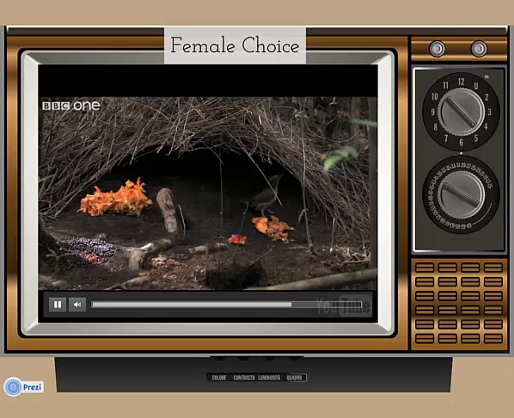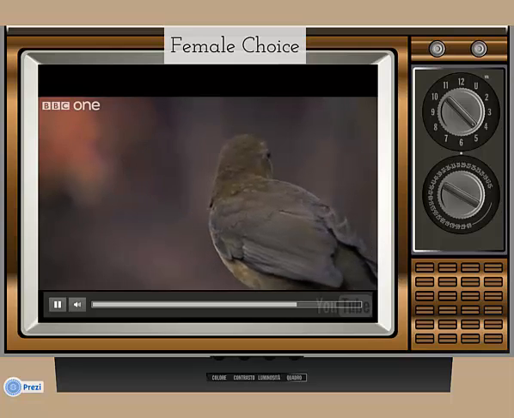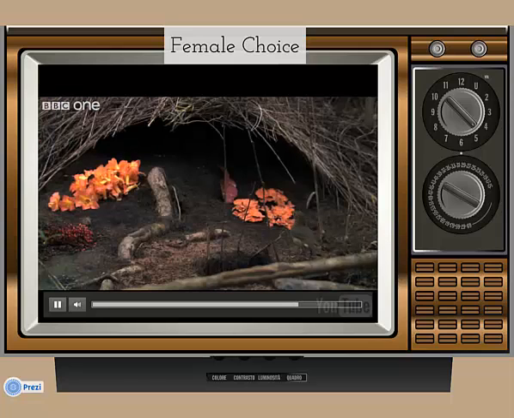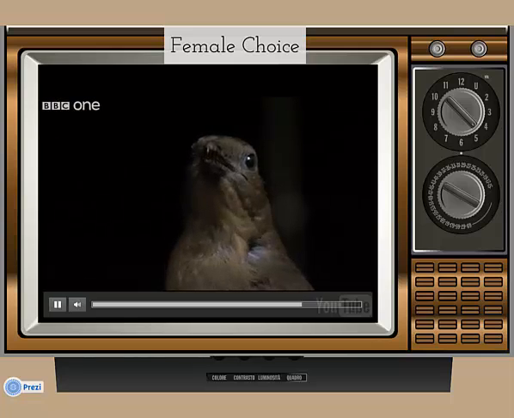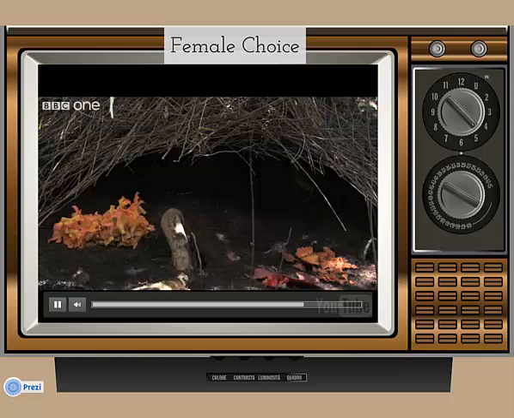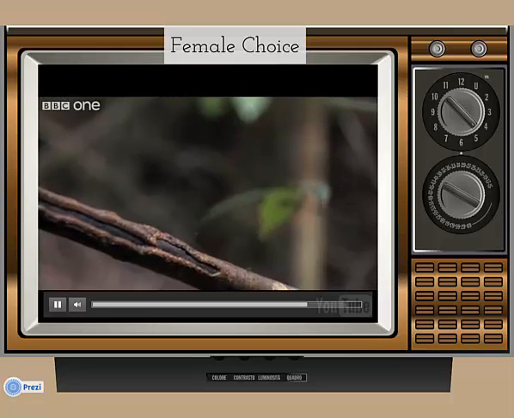This is the moment he's been working towards. His bower channels his song in her direction.